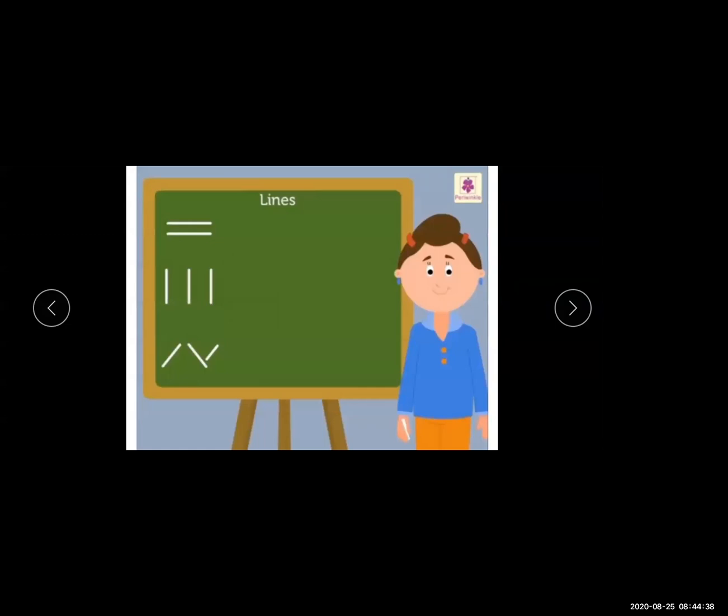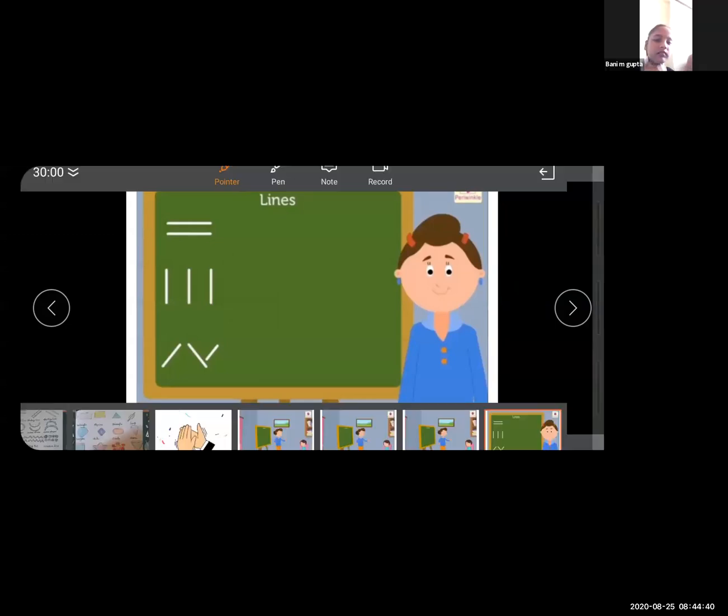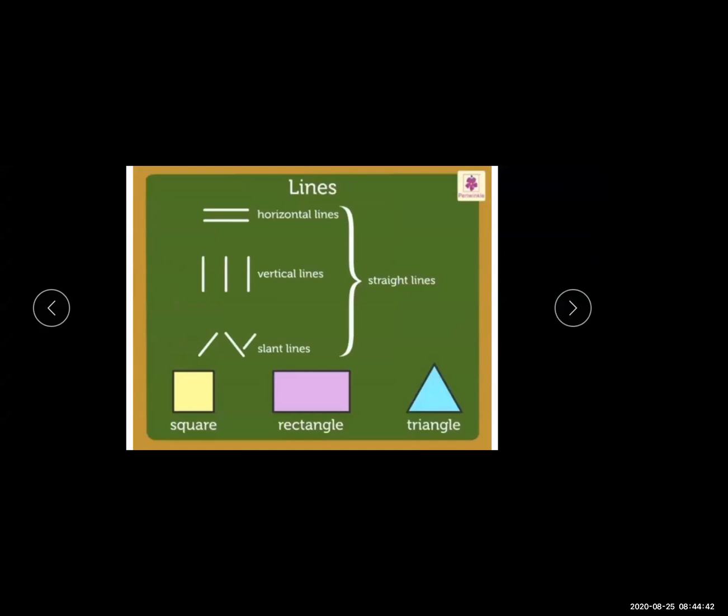Look at the lines. These are horizontal lines. These are vertical lines. These are slant lines. And all these lines are called as straight lines. We use them to create various shapes such as square, rectangle and triangle.